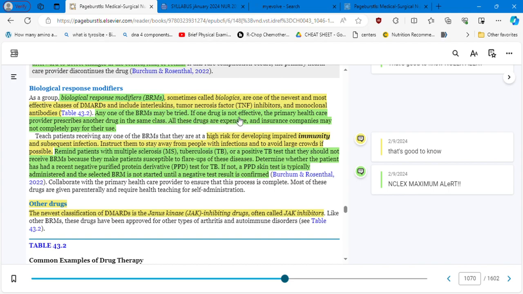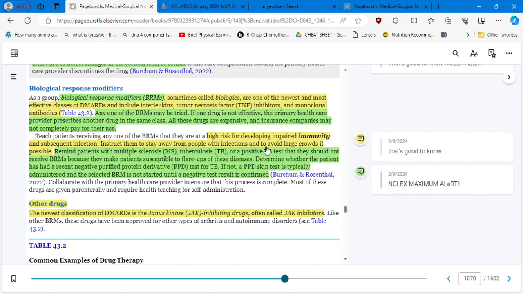So if one drug is not effective, then the doctor is going to try another one of the same class. All these drugs are expensive and insurance companies may not completely pay for their use. In fact, these drugs are administered IV in some functional medicine clinics, and the cost is elevated. That's true. So many patients prefer to take these IV drugs, these biological response modifiers.